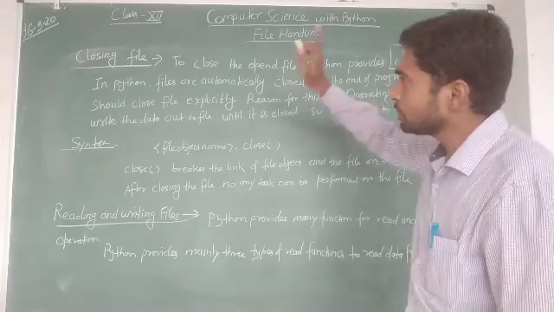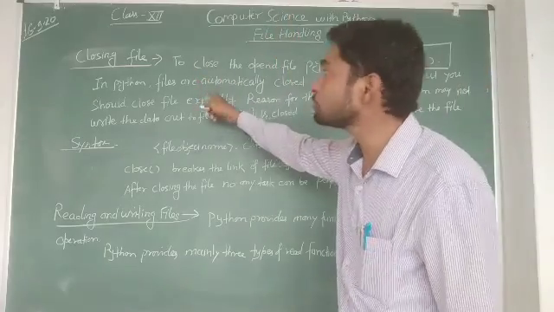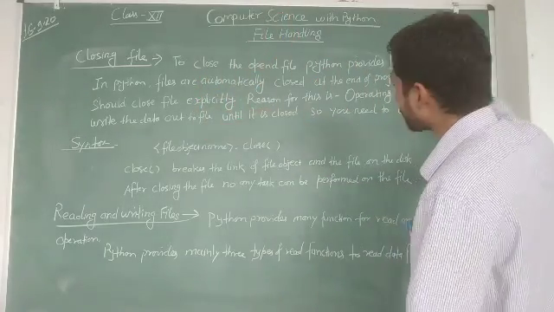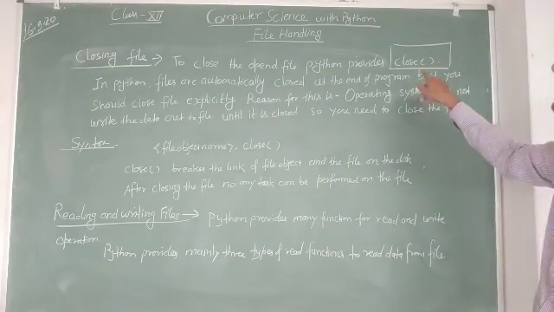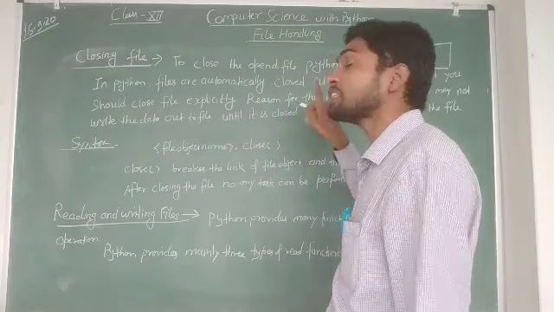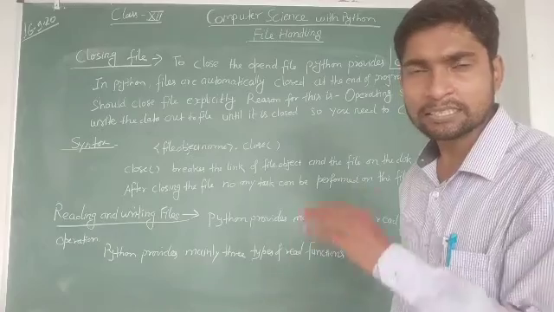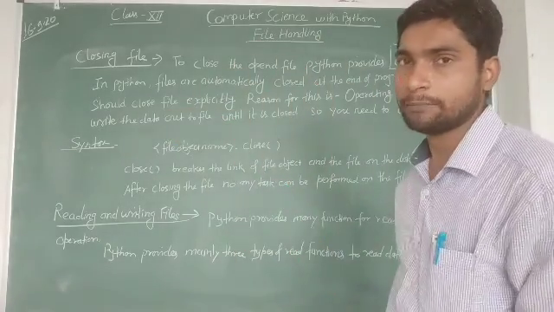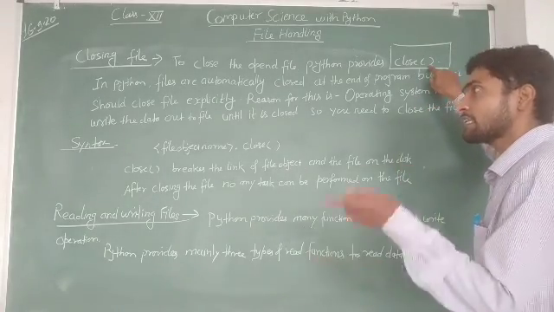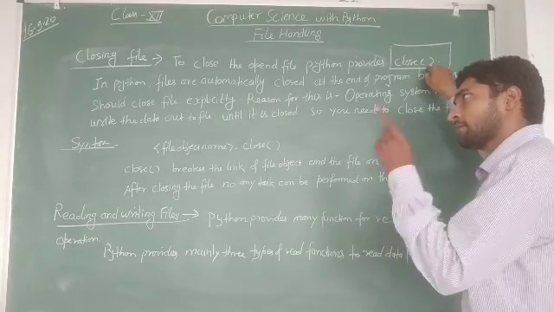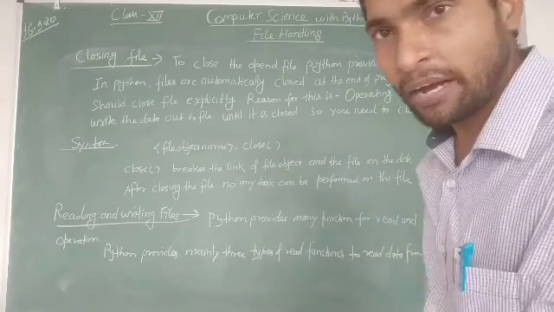But you should close the file explicitly, which means you should close the file by using the close function. The reason is that the operating system may not write the data out to the file until it is closed. If you are not using the close method, the operating system writes data onto the file only when the program ends.